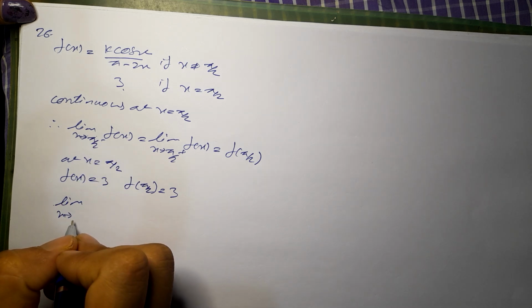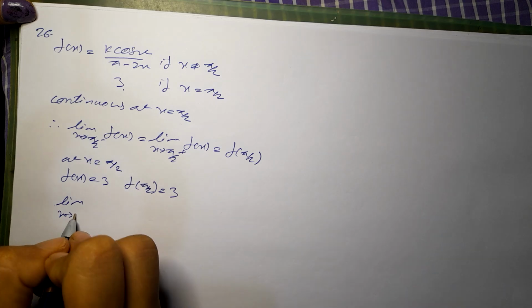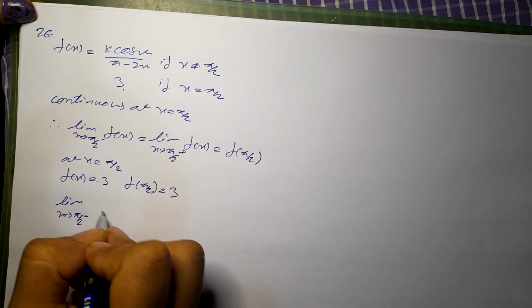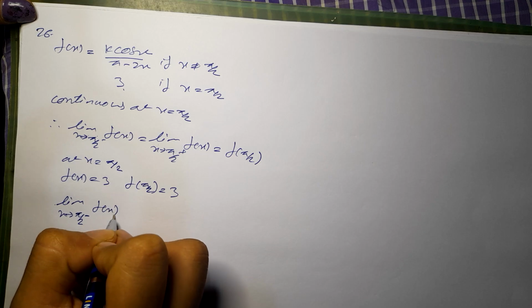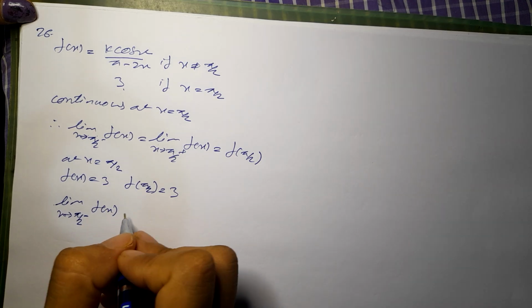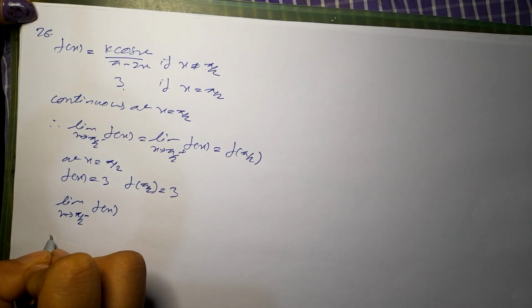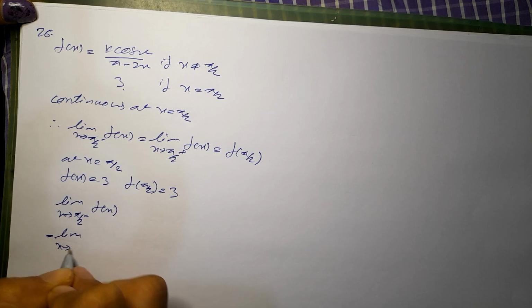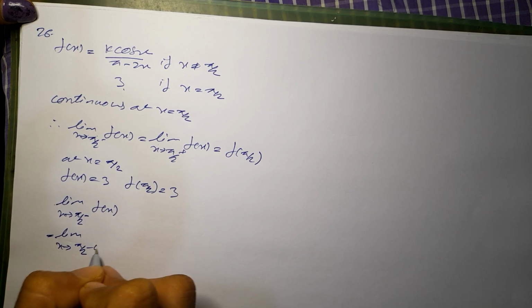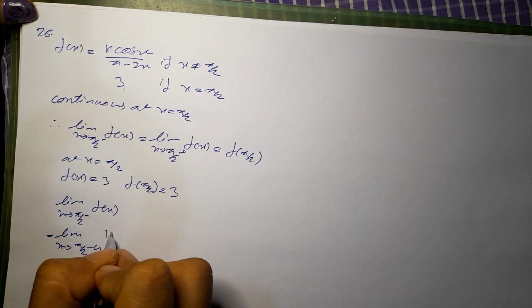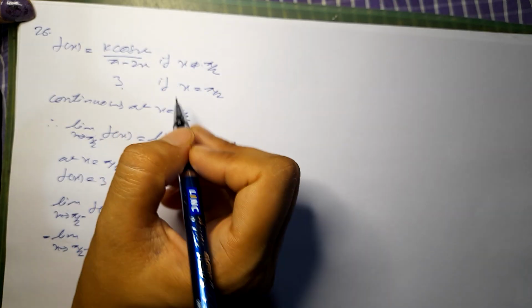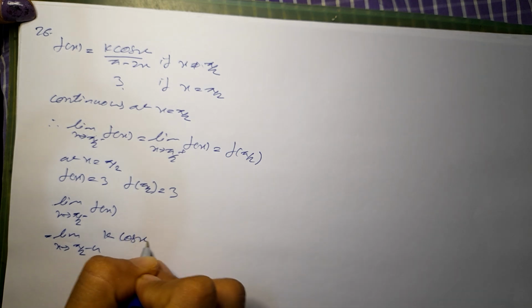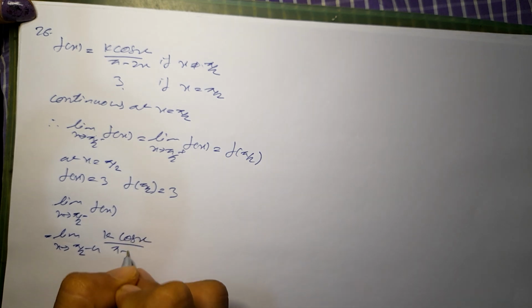Limit x tends to pi by 2 minus f of x is equal to, for x not equal to pi by 2, the function is k cos x divided by pi minus 2x.